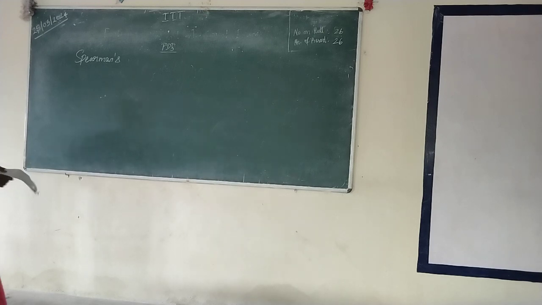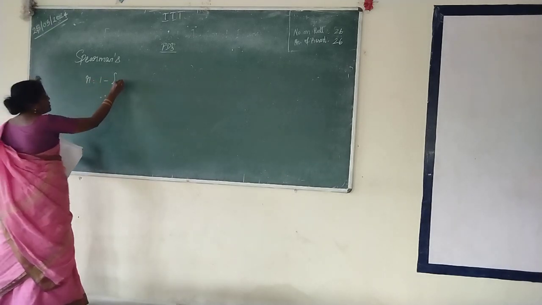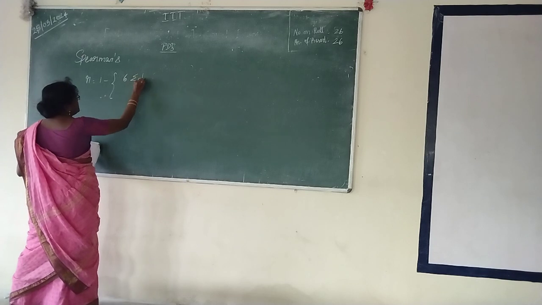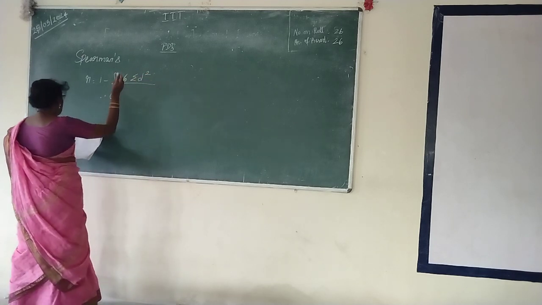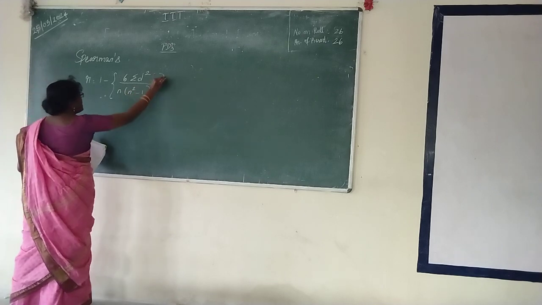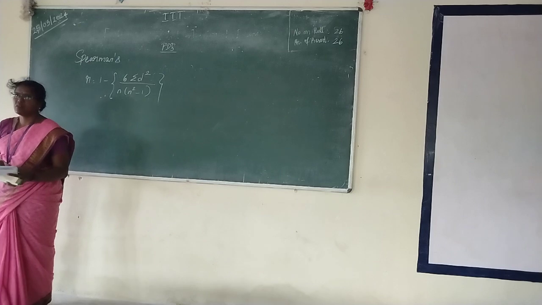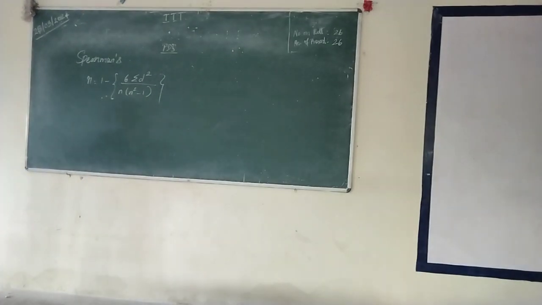R is equal to 1 minus 6 into summation of d square divided by n into n square minus 1. As usual, n stands for the number of data.